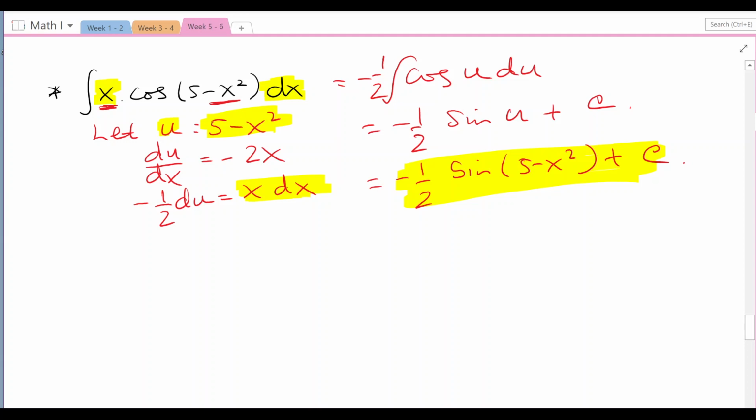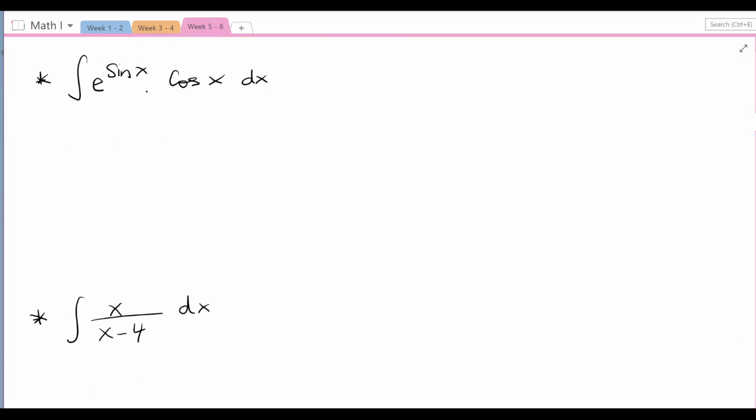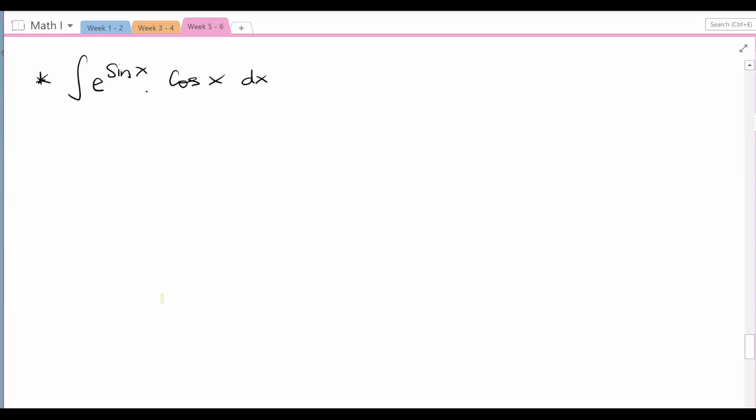Okay, let's try some more. Integral of e raised to the power of sin x times cos x. Again, we just have to decide which one is our u. In this case, our u must be sin x, because the derivative of sin x with respect to x is cos x, which happens to be our other term.